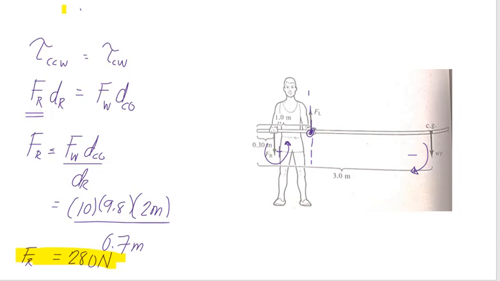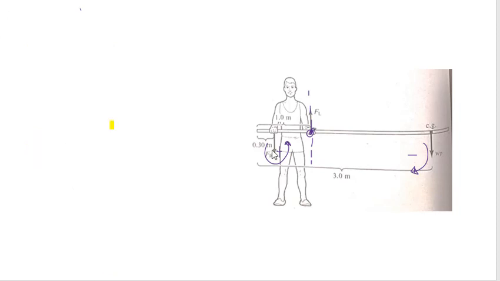How do we solve for the force at the left? Okay, there's a correction in the problem. It should only be a 3 meter long pole. So let's now solve for F at the left. With that problem, we can now consider this point at the end as the new axis of rotation.